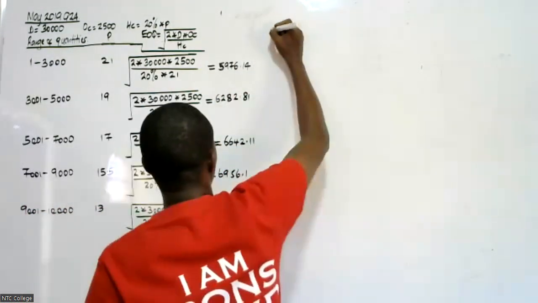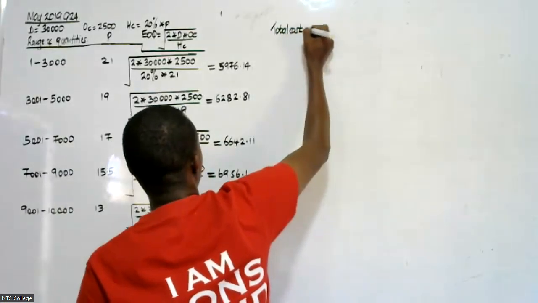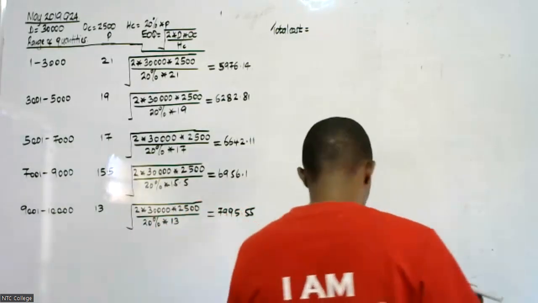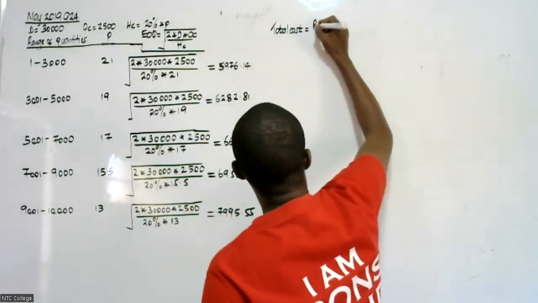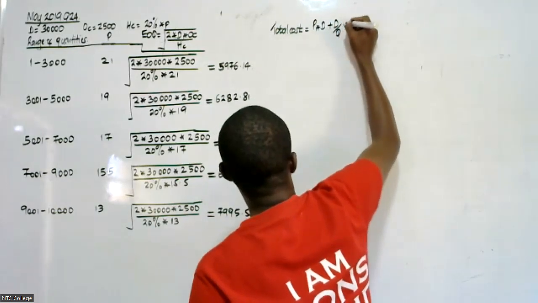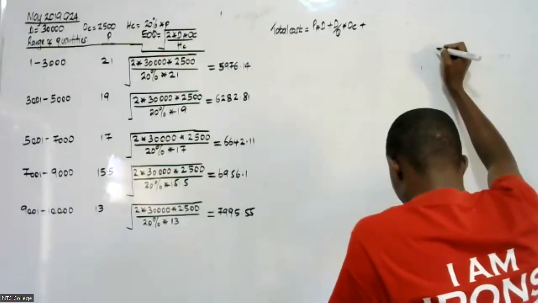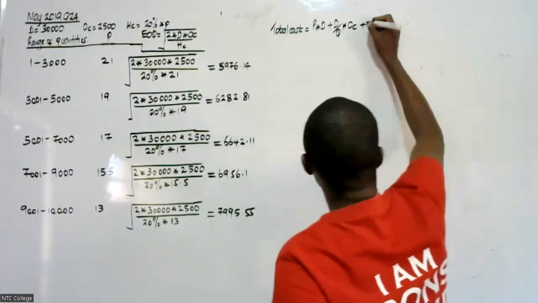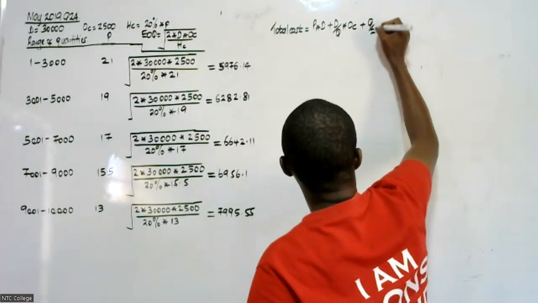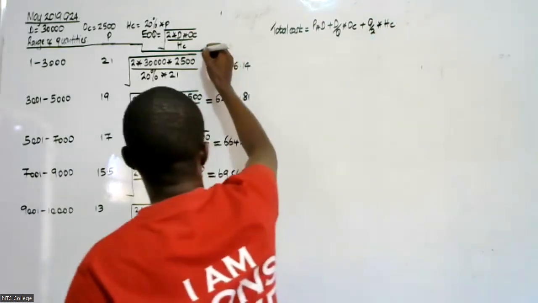Then we determine our total cost. Our total cost will be given by your purchase price with your annual demand, plus your total ordering cost, plus your total holding cost.